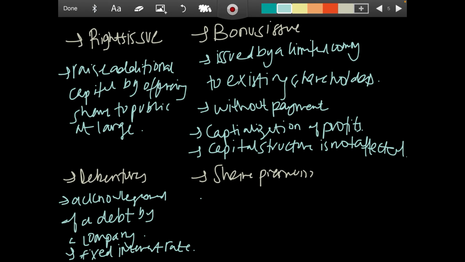Okay, so now what is a share premium? Share premium is the price above the par value. The par value is basically the original value of a share, the cost value of the share. So if shares are issued at price over the par value, that's basically the profit of the company.